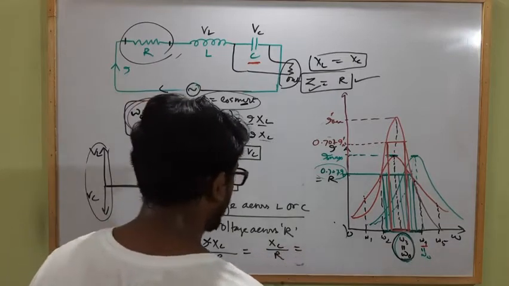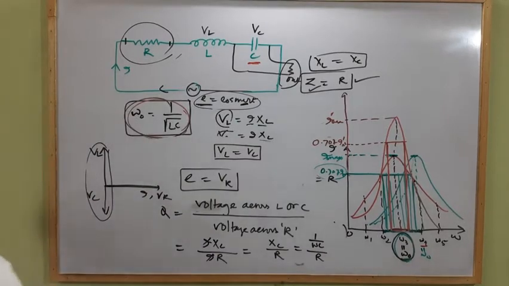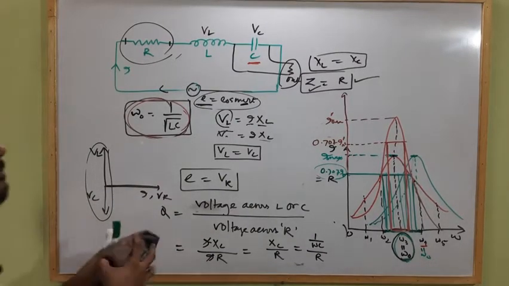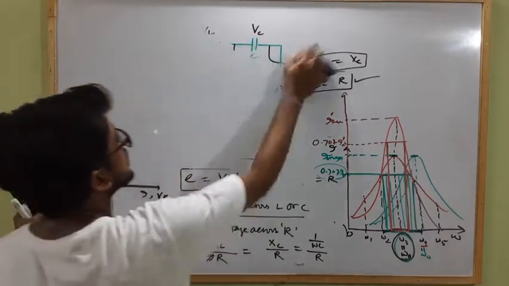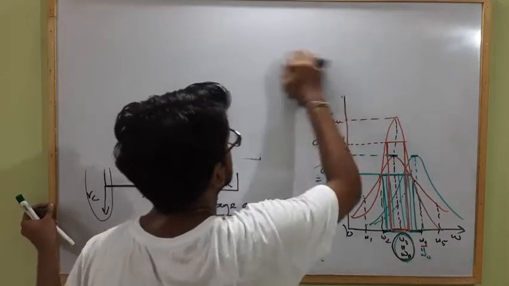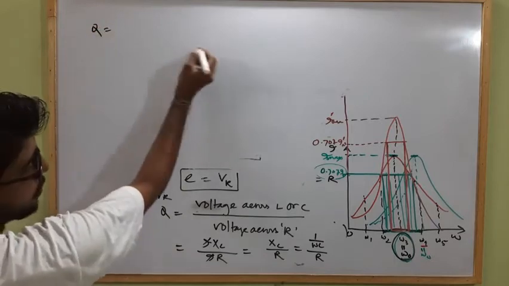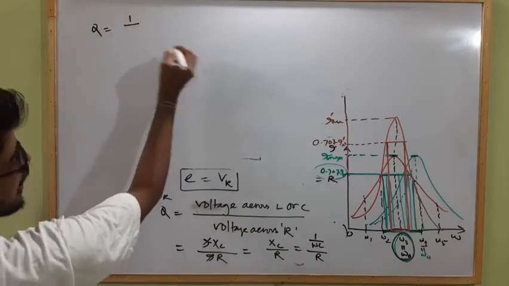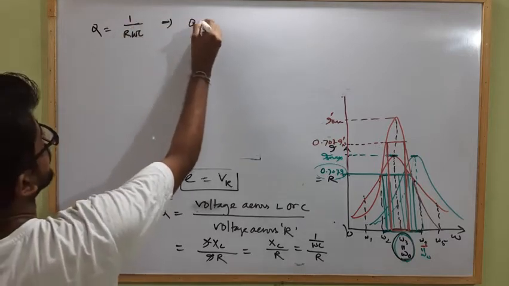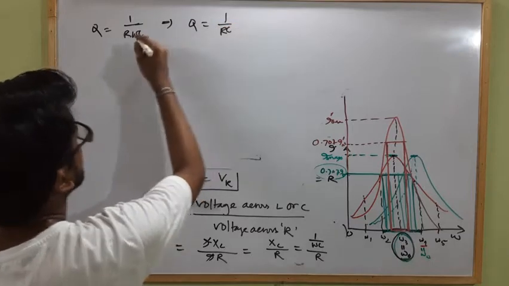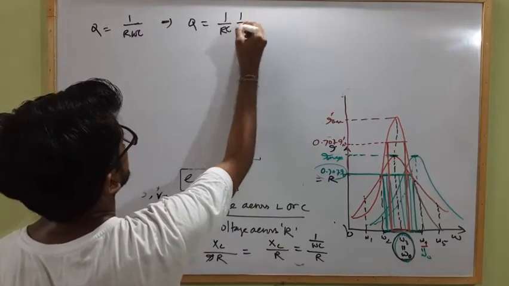XC equals 1 by omega C, divided by R. So from this we can write Q factor equals 1 by R omega C. What is the value of omega in case of resonance? Omega equals 1 by root over LC.